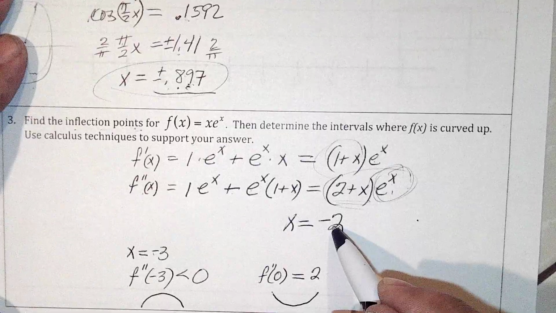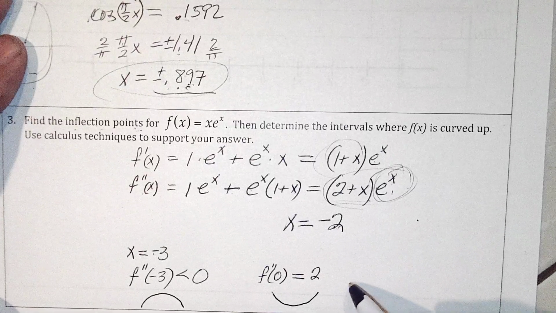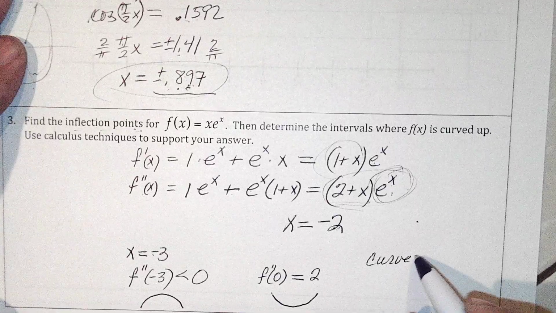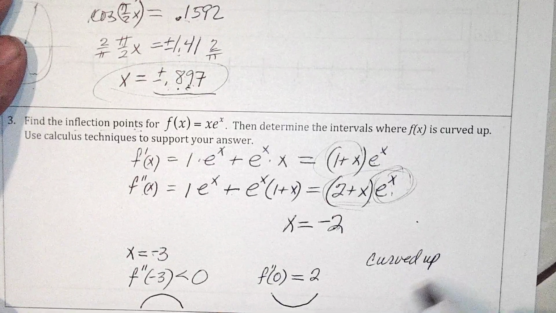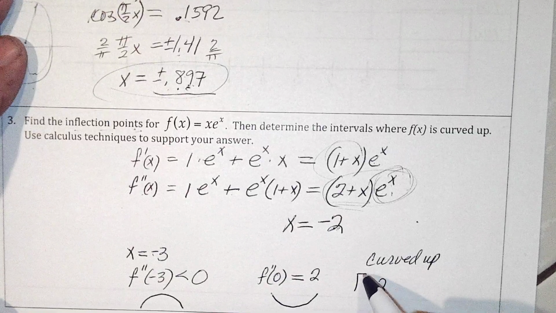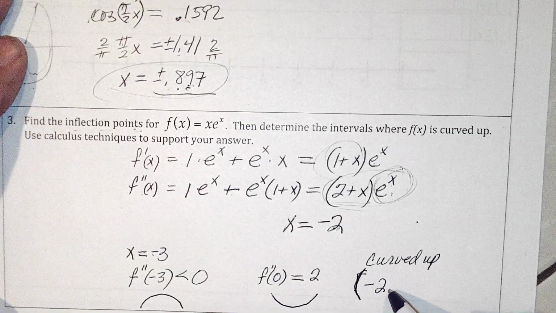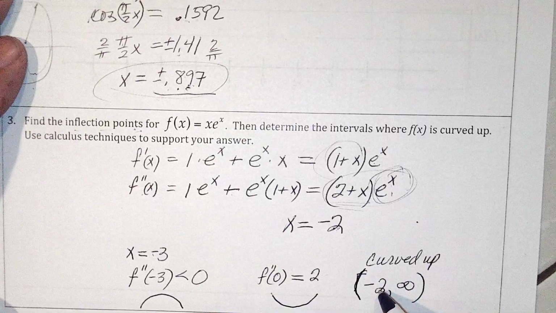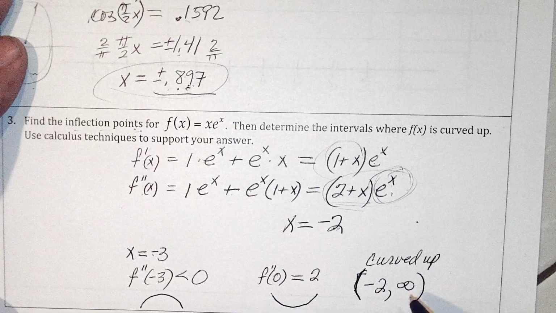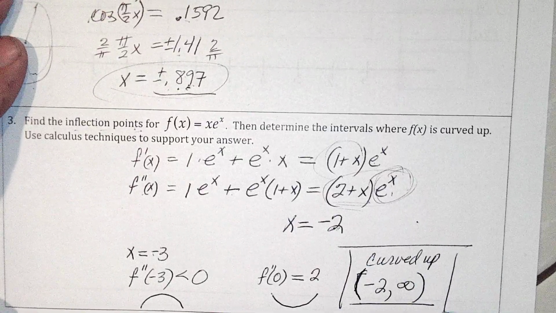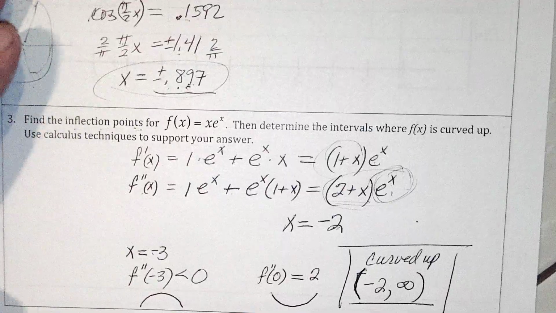So when is this curved up? It's curved up from -2 to infinity. I started to say including the -2, but that's where it changes curvature, so you can't do that. It's just from -2 on up, it's curved up.